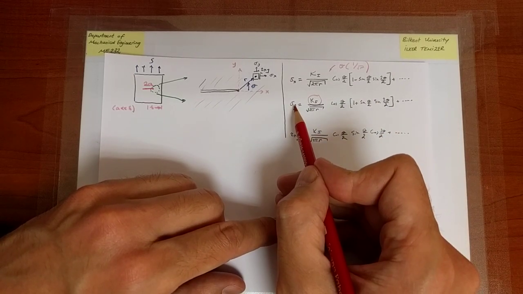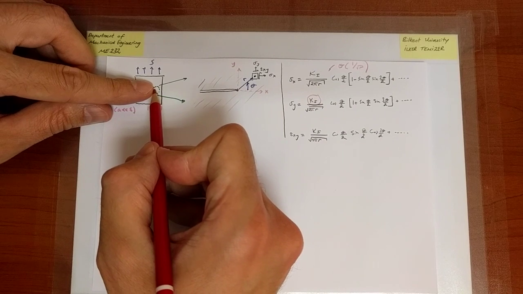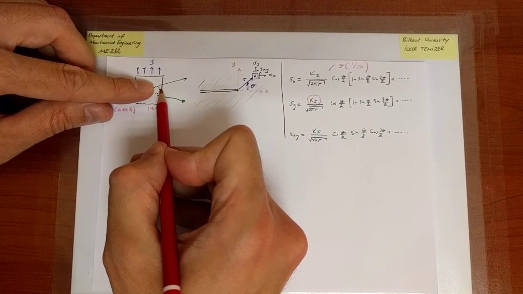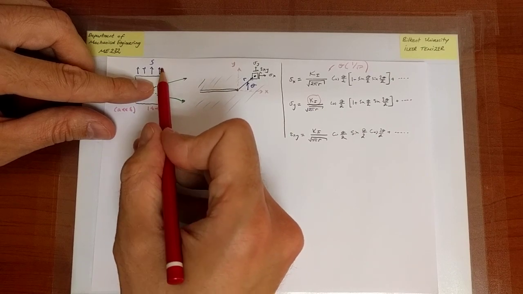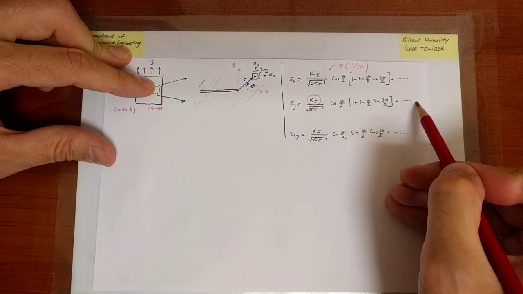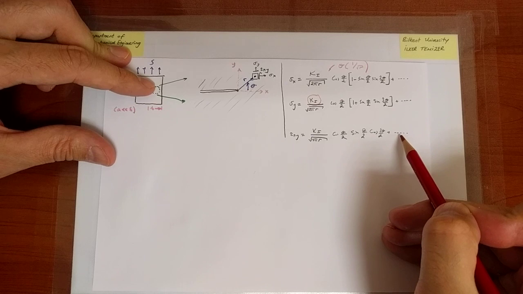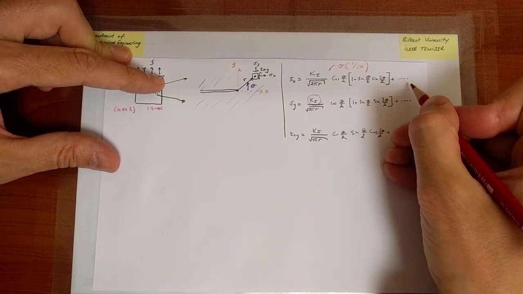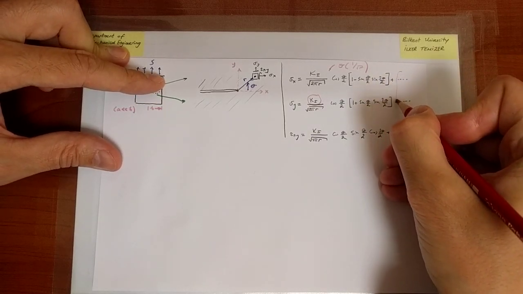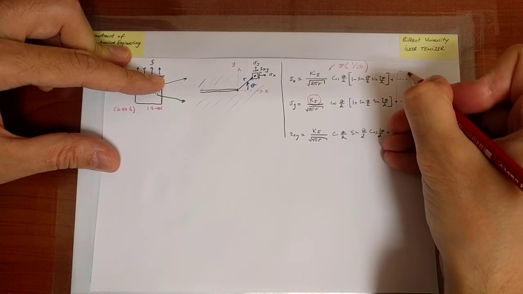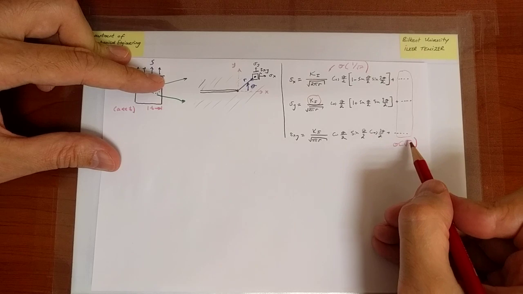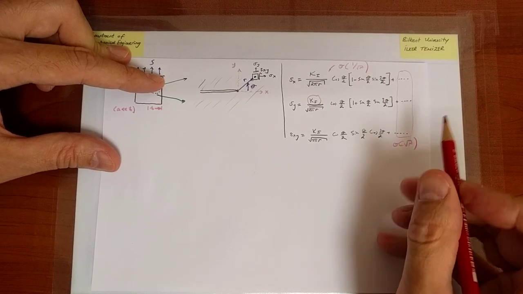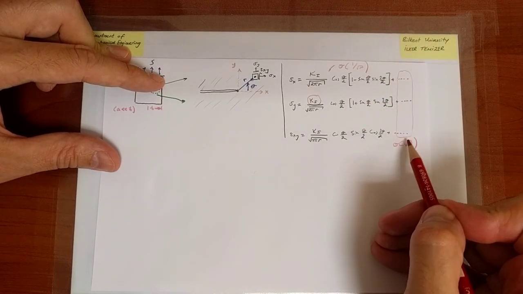But we know that sigma y cannot decay to 0. For instance, if I move sufficiently far from the hole, sigma y should not be 0. Actually, it should be equal to S. So there are certain terms that are of order square root r, such that when r is very small, they become irrelevant because they go to 0.